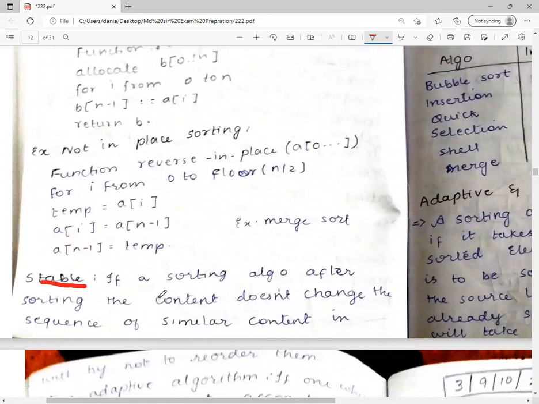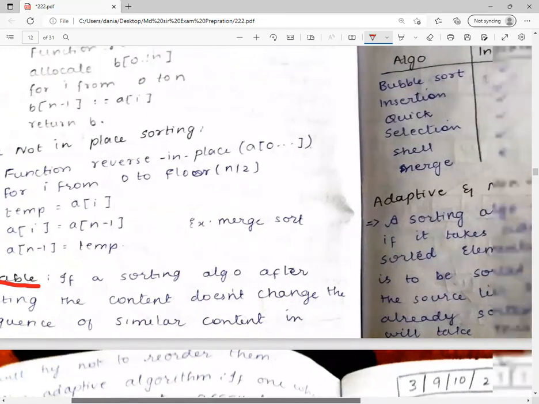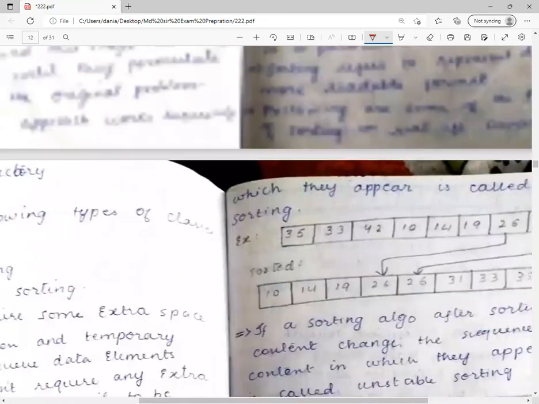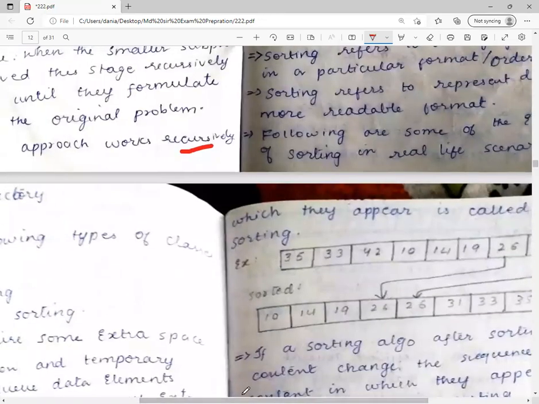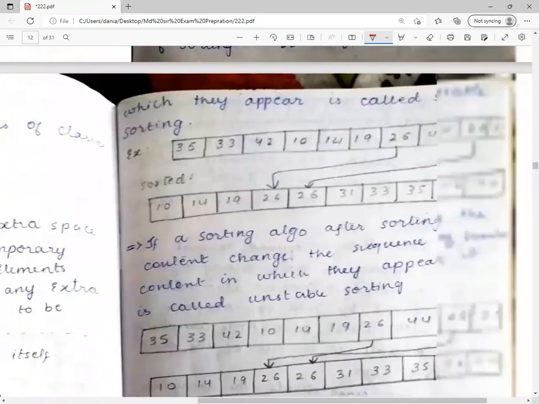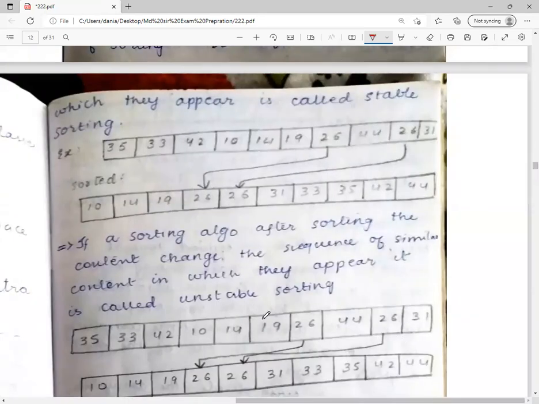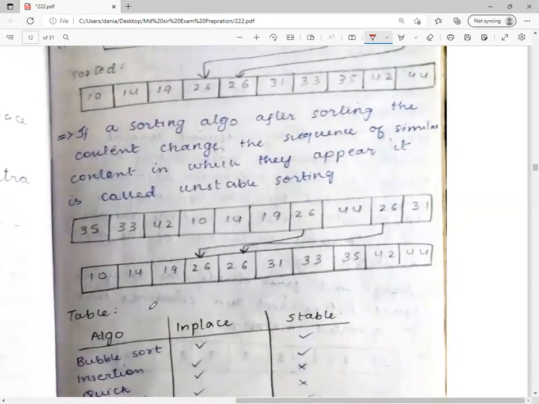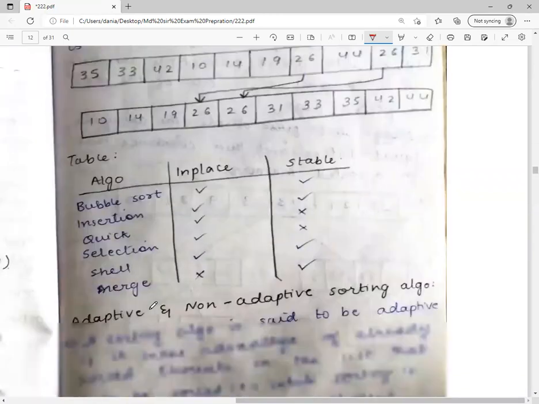A sorting algorithm is stable if, after sorting, the content does not change the sequence of similar content in which they appear. If the sorting algorithm changes the sequence of similar content in which they appear, it is called an unstable sort.